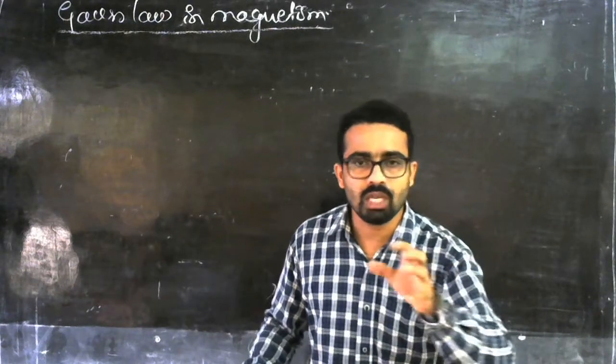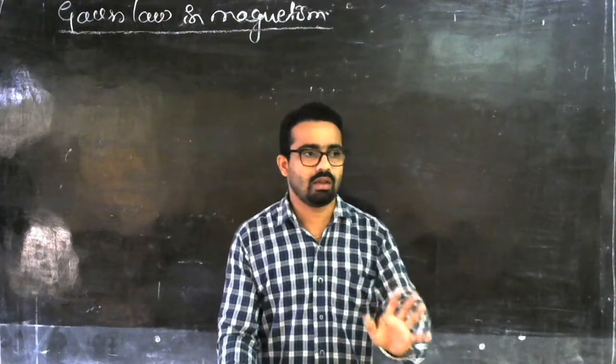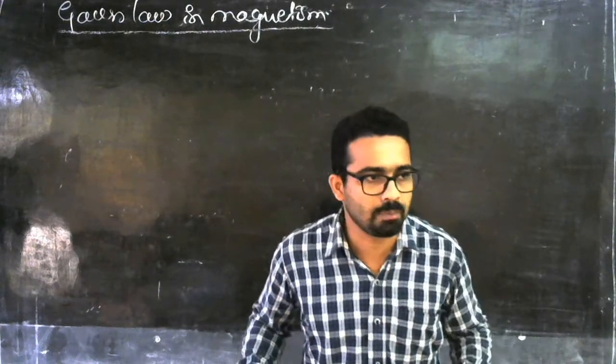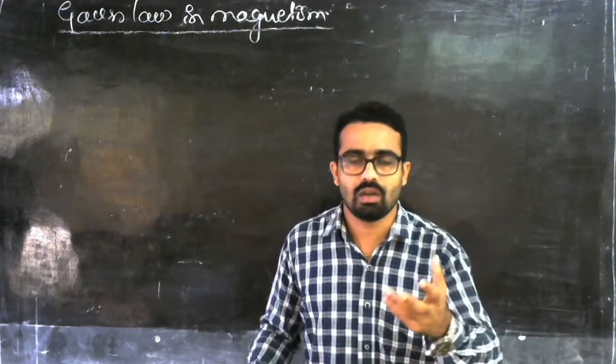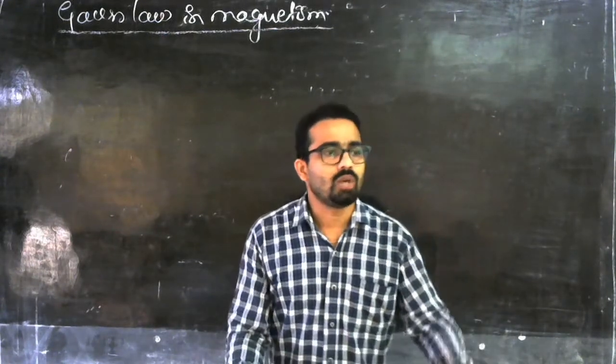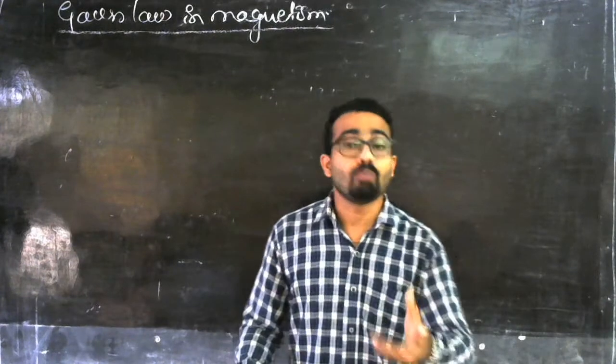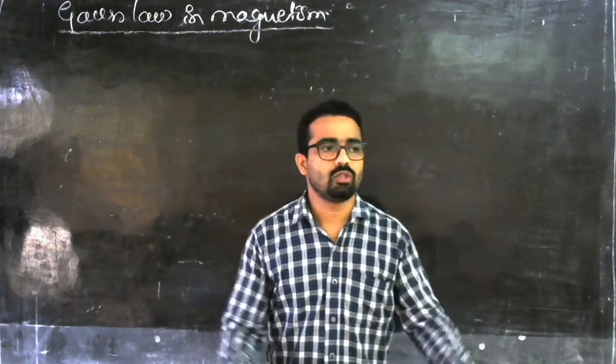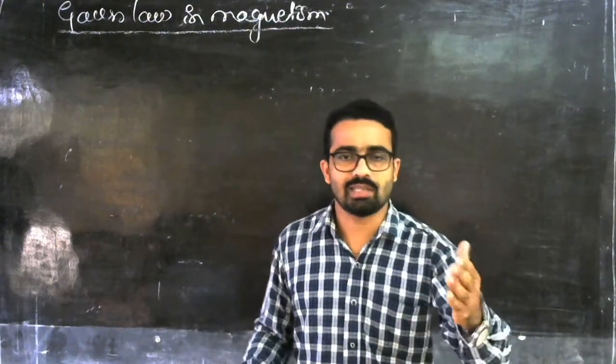That is why, in the beginning of this chapter, I told you that in electrostatics, electric monopoles exist, but in magnetism, you cannot see magnetic monopoles. You cannot separate the two poles. They exist together as north and south.